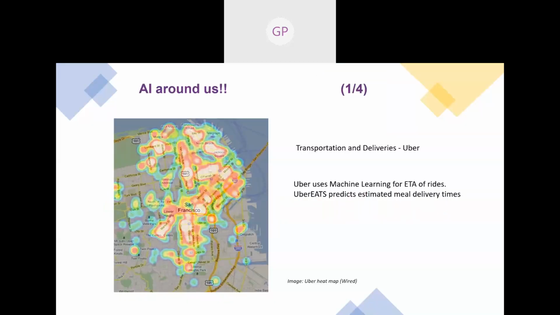If you look around, in transportation and deliveries, Uber is using machine learning for the expected time of arrival of rides. Uber Eats is using it for predicting meal delivery times. All of this is working on textual data to analyze and predict how much time it is going to take, with various features being used as part of the data.